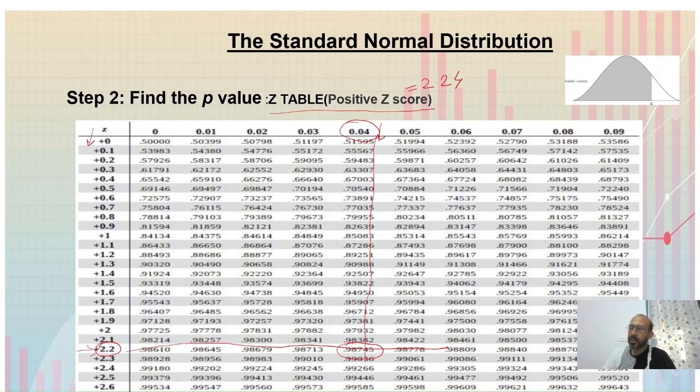Positive z-score table, to find the value on the right of the mean, here is the z, as we can see in the graph alongside.